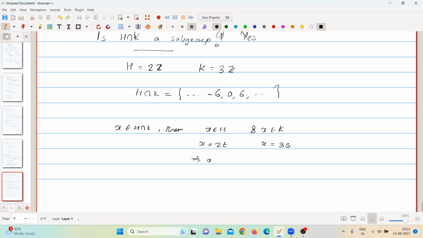X is a multiple of 2 and 3. The least common multiple of 2 and 3 is 6, right? So X should be a multiple of 6. So that is why we are getting H intersection K as all the multiples of 6. This is our 6Z set. Okay, fine.